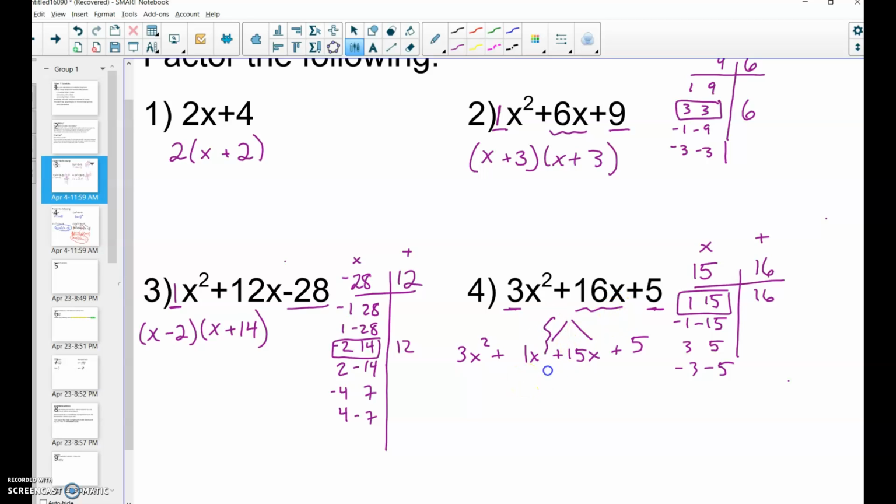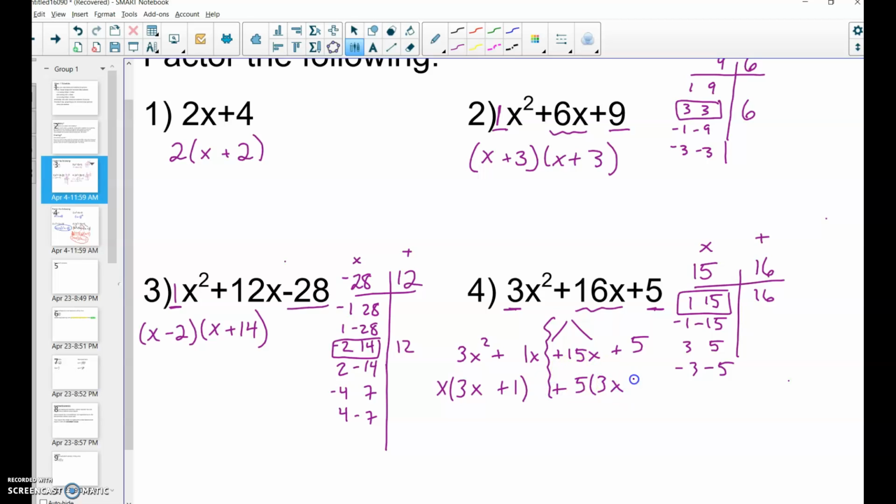Now we're going to cut this down the middle, and we're going to factor out the greatest common factor, or the largest number and the most amount of variables that are repeated in both of those terms. So the only thing I can take out here is an x. That leaves me with 3x in the first place and 1 in the second. For my second two terms, I'm going to keep this sign here, so it needs to be positive, and I can factor out a 5 from both of them.